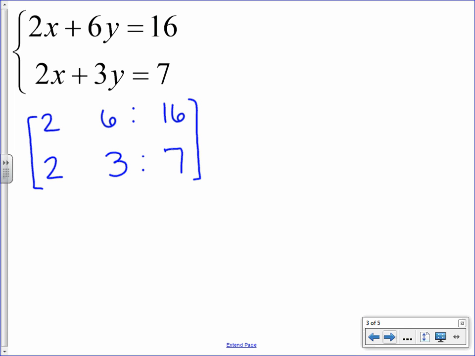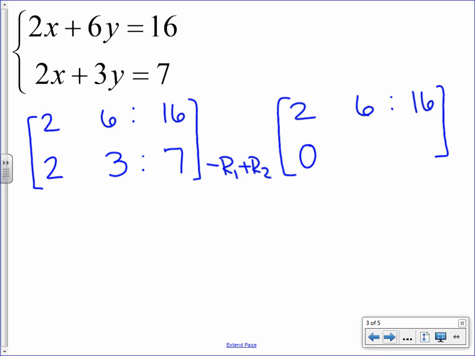Matt's looking to get this to 0. So he's saying multiply the top one by -1 and add it to row 2. So row 1 stays the same, and row 2 becomes what? -3, right?